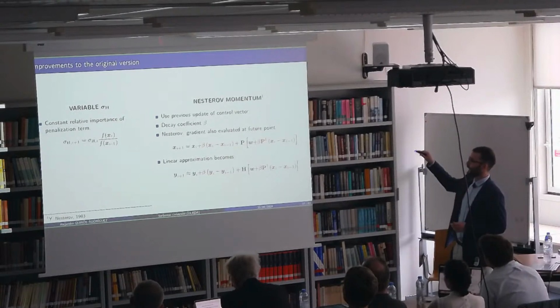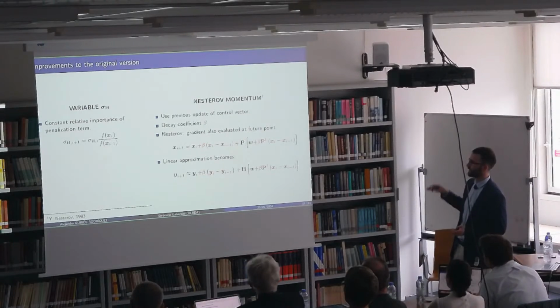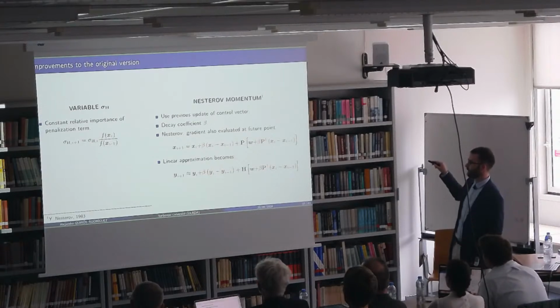The idea is that we use the previous update of the control vector for the next point, which will be this first term here in red with this decay coefficient beta. And now for Nesterov momentum, we also evaluate the gradient at the future point, so we add this last term here in red. And then the linear approximation becomes this last expression here at the bottom.